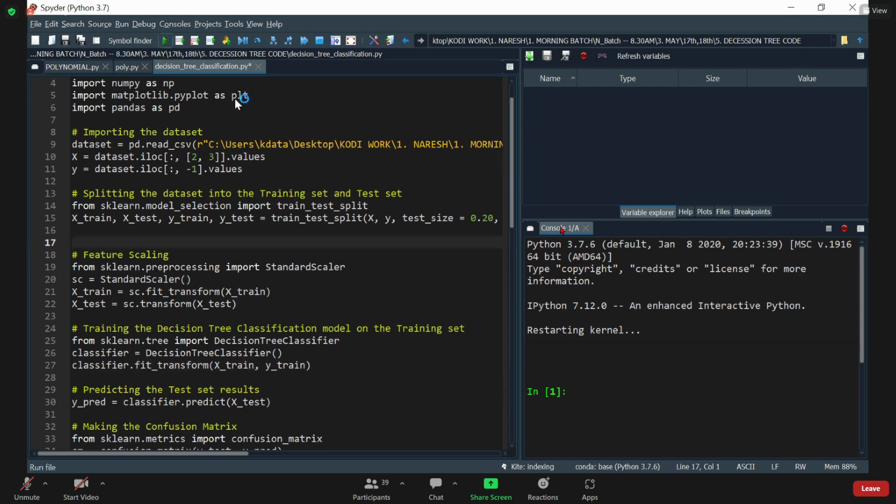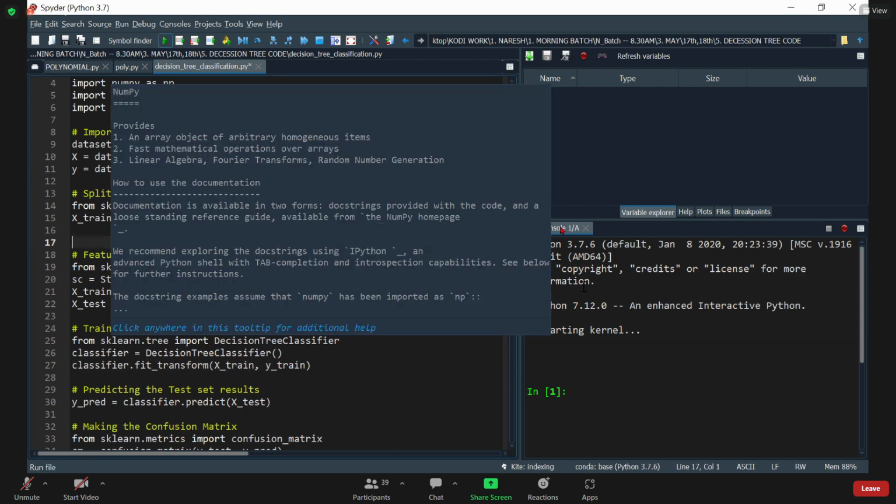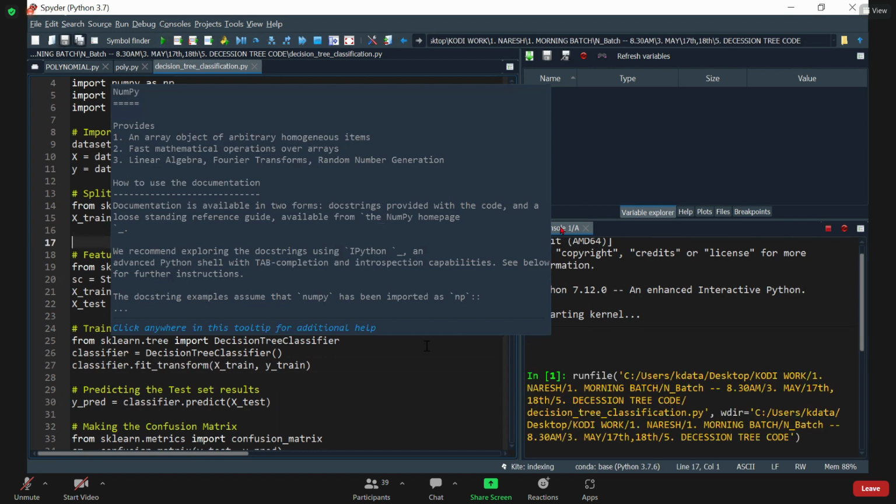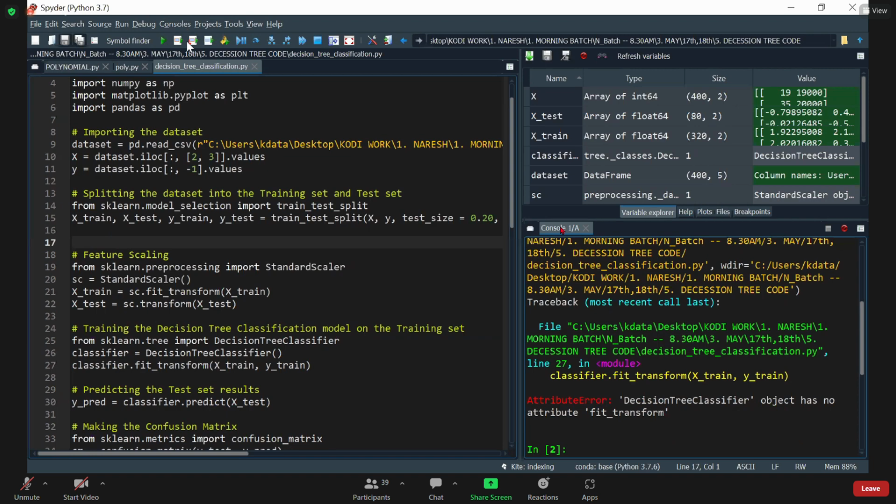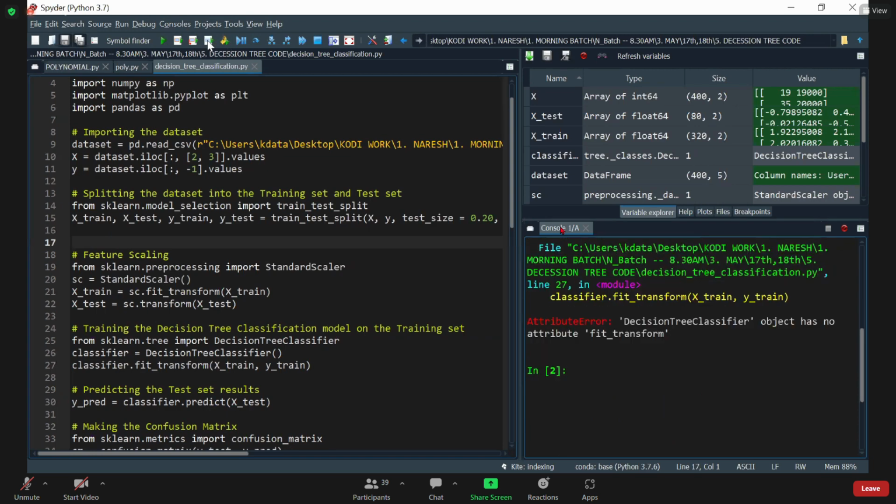Let's run one more time. It has no attribute fit and transform, is it? Okay, one moment, guys. It's saying fit and transform is not applied.